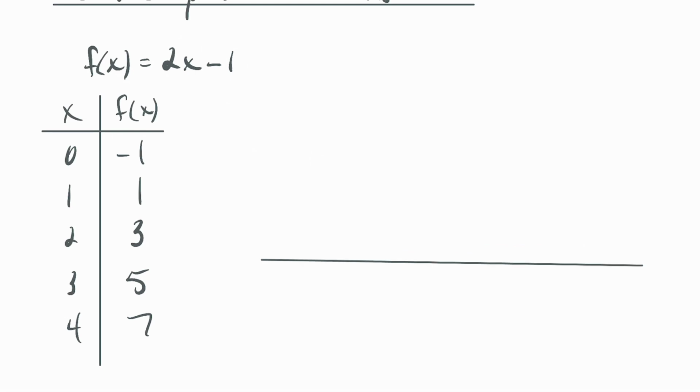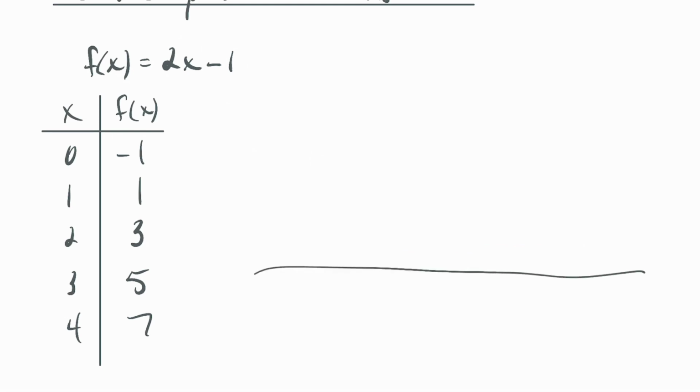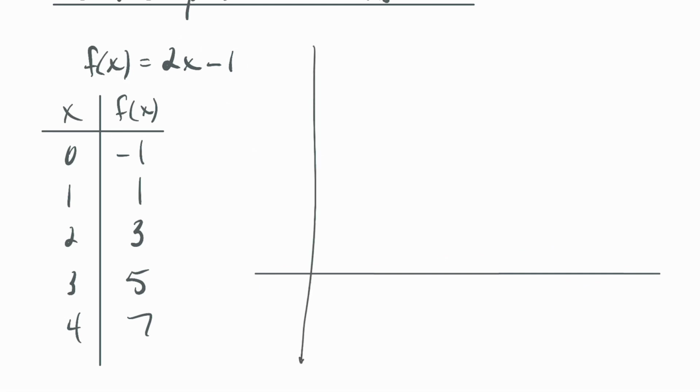So I'll make the axes like this. And I'm going to let the auto line tool, hopefully it will work with me. Sometimes it's a little fidgety. Here we go. So I'm going to mark out some x and y units on the axes, but I need to look at what are my greatest values. My greatest y value, my greatest output, is 7, my greatest input is 4.